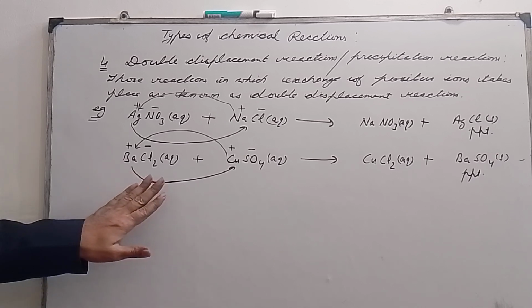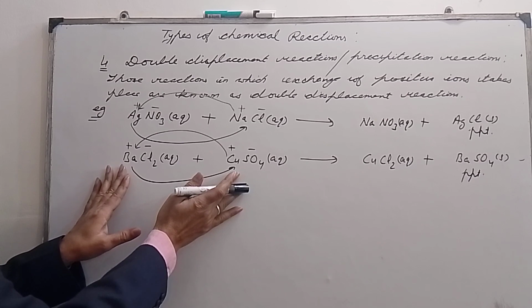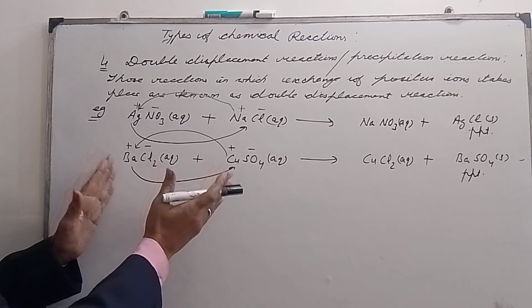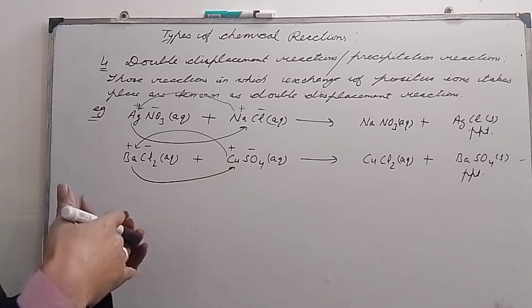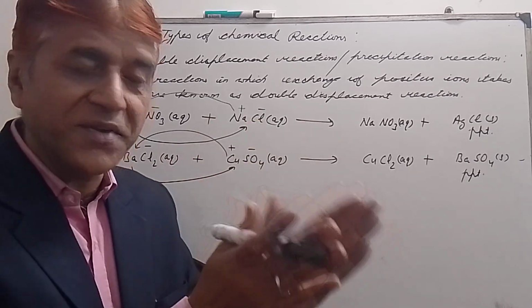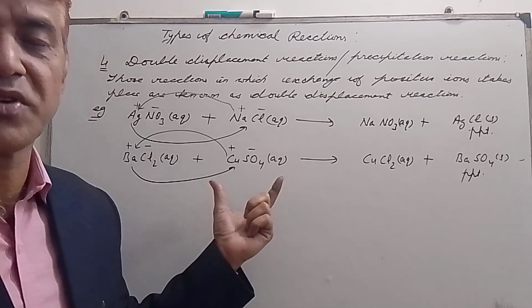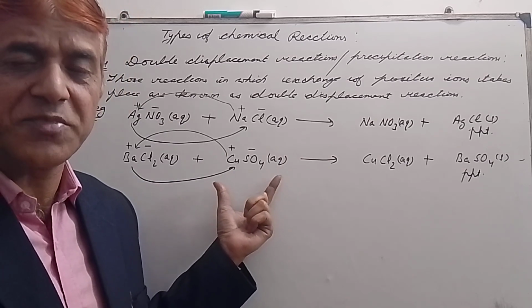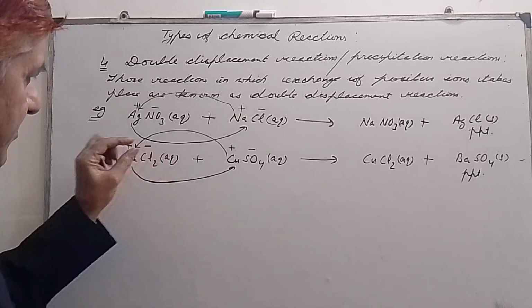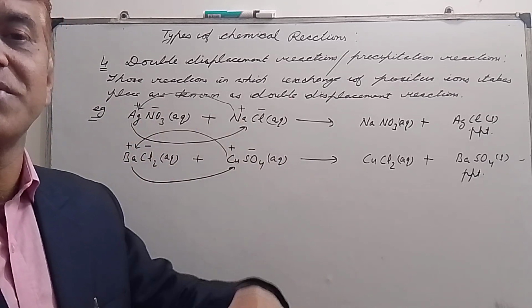So let me clarify once again that there is exchange of ions in these double displacement reactions, and the concept of using the reactivity series is not applicable here, my dear students. Keep this in mind, you do not have to see which metal is more reactive and which is less reactive.